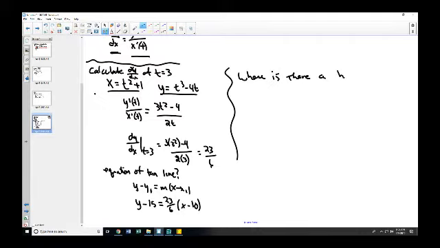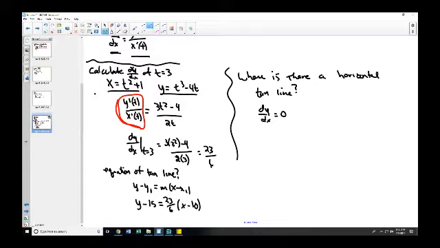Where is there a horizontal tangent line? Horizontal tangent line is slope 0. Now put that in terms of this right here. Which one of those has to be 0? The y has to be 0. Can the x be 0?